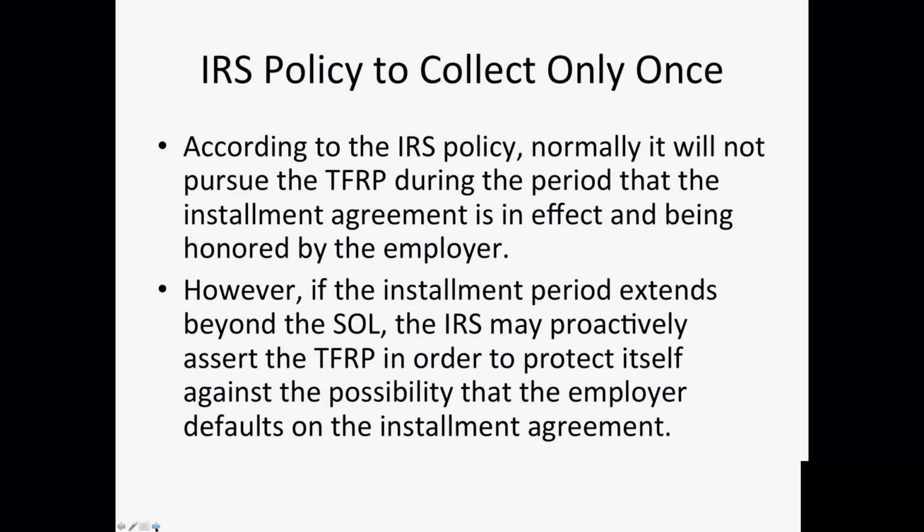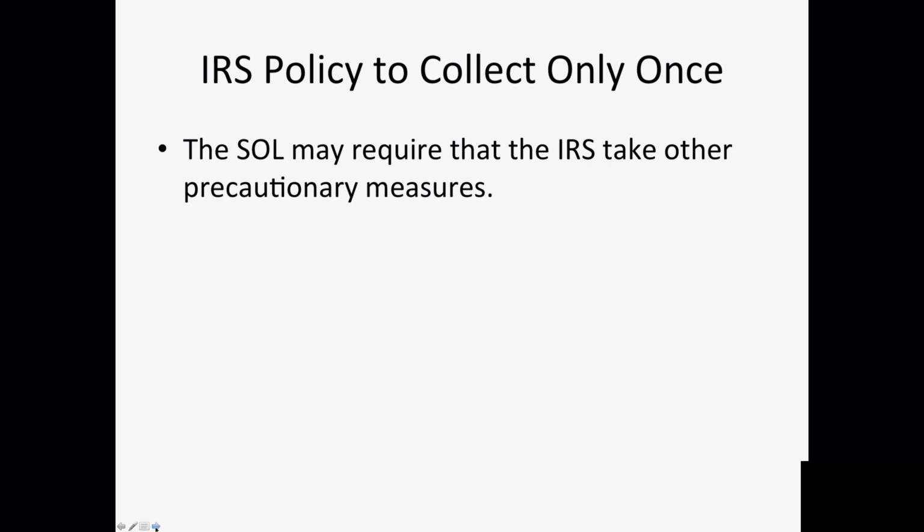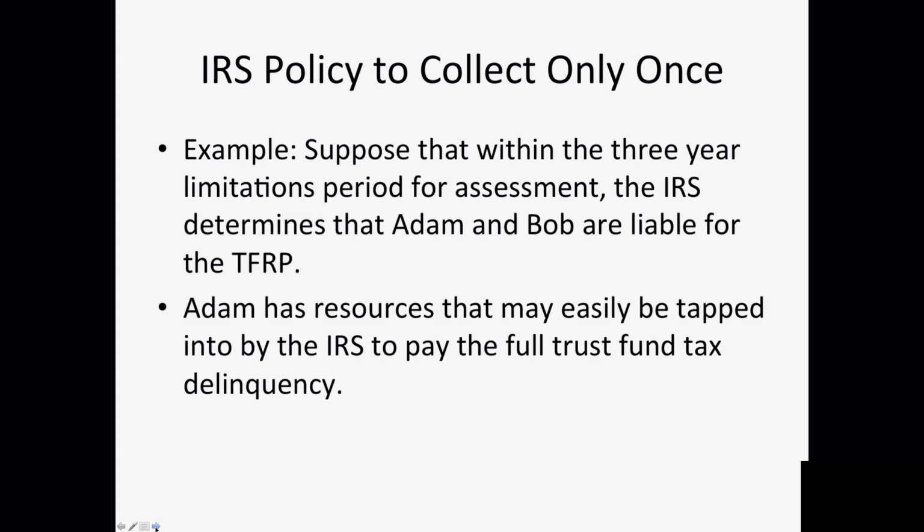And so, if the installment period extends beyond the statute of limitations, the IRS may, as a matter of course, have the taxpayer agree to an extended statute of limitations. And the statute may require that the IRS take other precautionary measures.